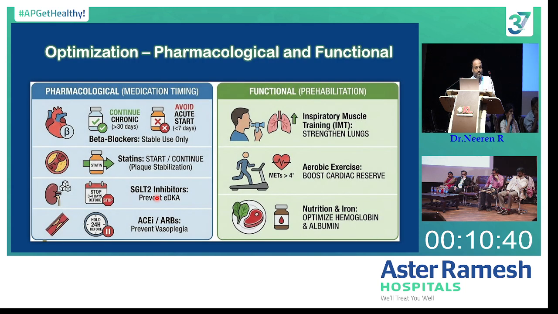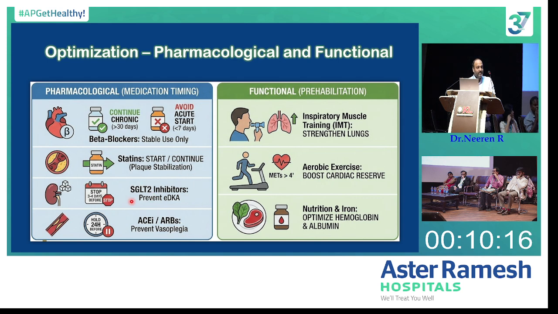When you talk about optimizing perioperative risk in the pre-op time, most important is pharmacological and also functional optimization. Nowadays, most patients are on SGLT2 inhibitors, and this is becoming an increasing risk factor for perioperative mortality and perioperative sepsis, especially when they land up in emergency situations.